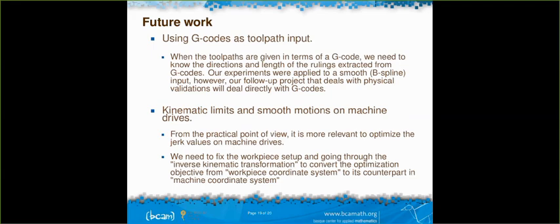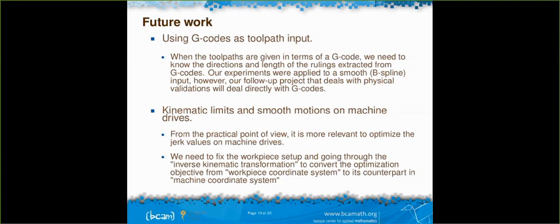As future work, we can use G-codes as toolpath inputs. Instead of using a CAD model, we can have G-codes because it's more common in the machining community. When the toolpaths are given in terms of G-codes, we need to know the direction and length of the rulings extracted from the code.